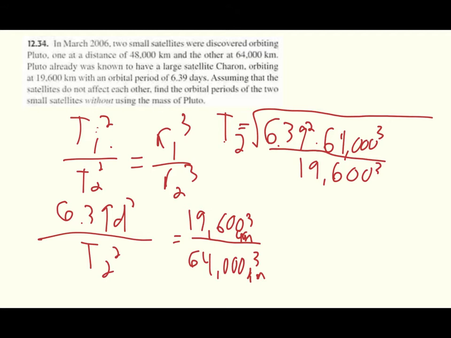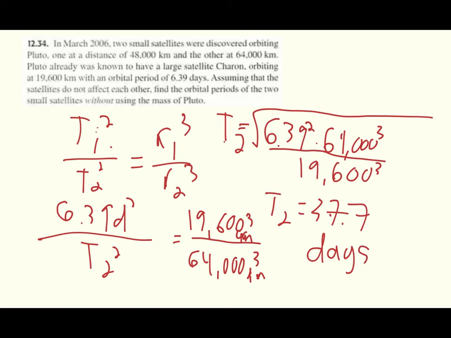Stay with the calculator and do the exact same thing. 6.39 squared times 64,000 to the third power. I get a huge number in my calculator, divided by 19,600 cubed. I get a more manageable number. I take that to the 0.5 power, and I got a time of 37.7 days.